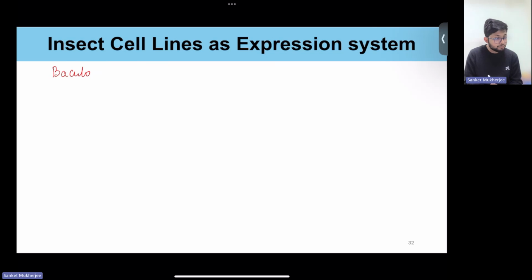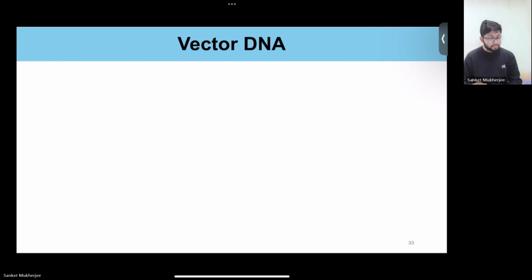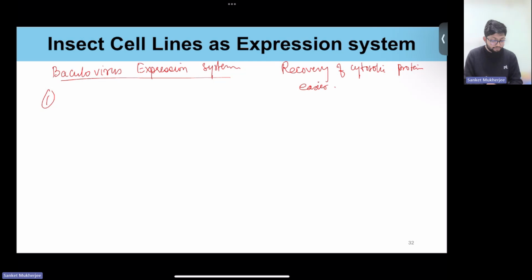Insect cell lines are used. Mostly popular is the baculovirus expression system. Here, the recovery of cytosolic protein is easier compared to yeast. So here what you have to do is perform cloning as usual, following which a recombinant baculovirus vector is generated.